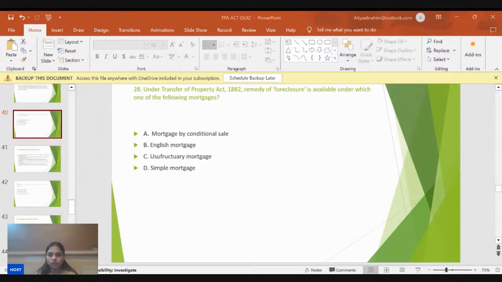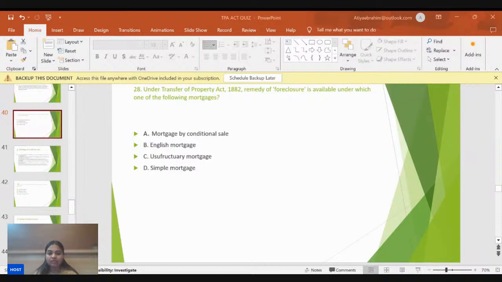Of course, it depends upon the terms of the contract, but generally you get this foreclosure remedy in mortgage by conditional sale. So remember this. In usufructuary mortgage you will not get it, because there you are already taking the benefits also, and you are clearing your mortgage debt according to it.